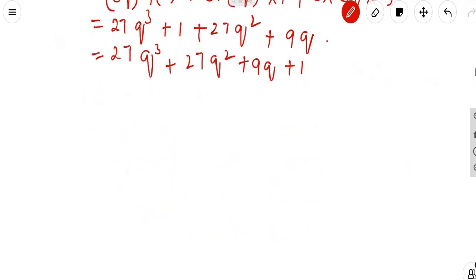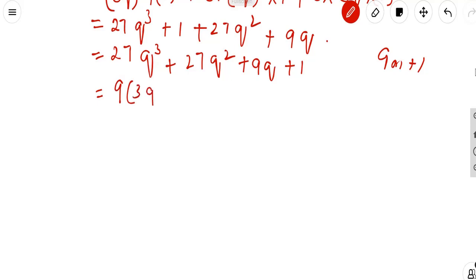Okay, so what will I do? It should be in the form of 3m plus 1. Okay, so what will I do? It should be in the form of 9m plus 1. Either 9m or 9m plus 1 or 9m plus 8. So what will I do here? I will take 9 common here.